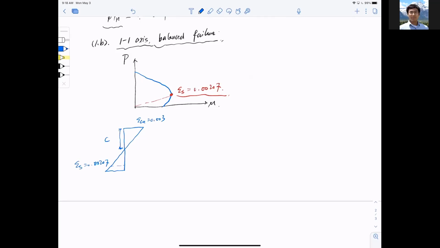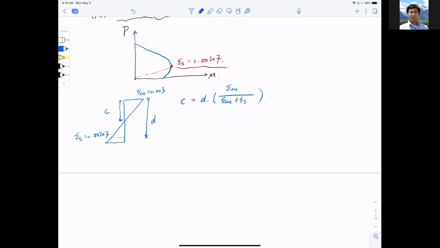Okay, so first thing first, right? What is the actual compressive zone C here? C equal to d, which is the depth of the bar, multiplied by the strain ratio, epsilon cu divided by epsilon cu plus epsilon s. Okay, so C now equal to the numbers, right? What is d? d is the height h minus the concrete cover, 2.5.